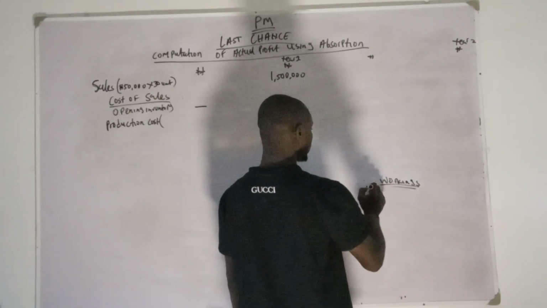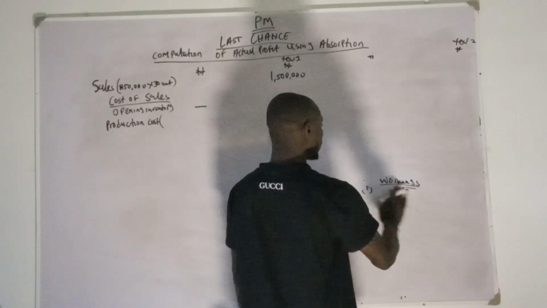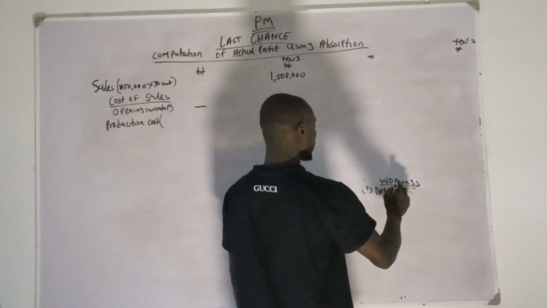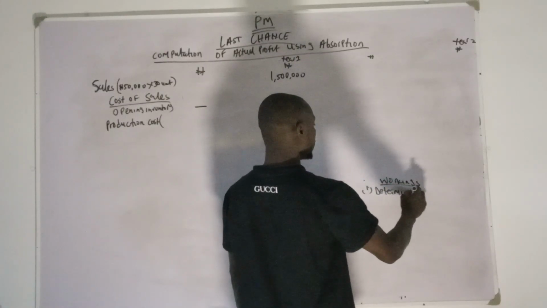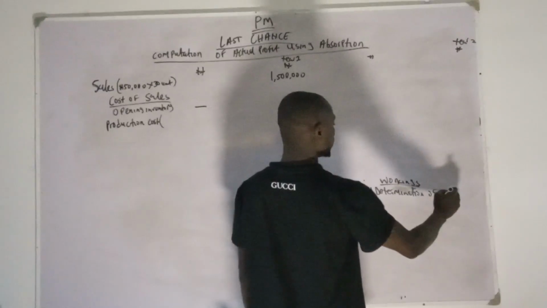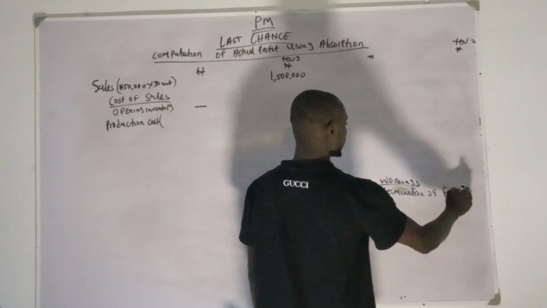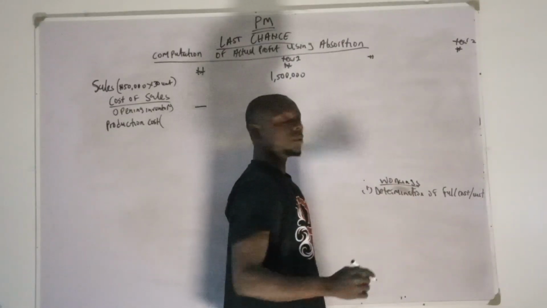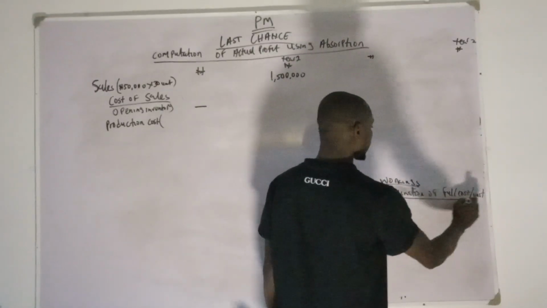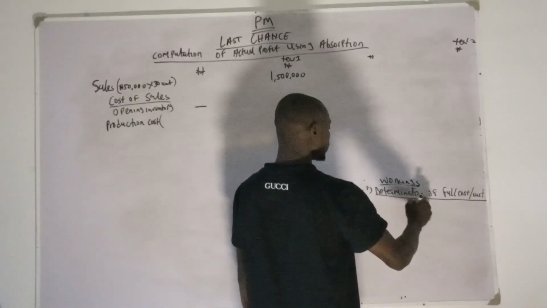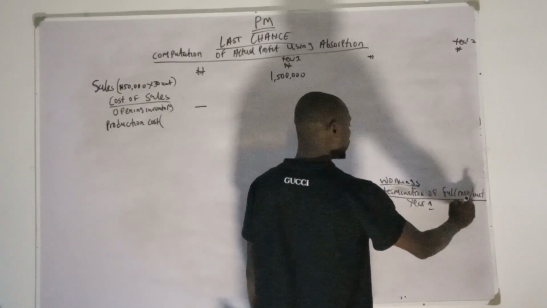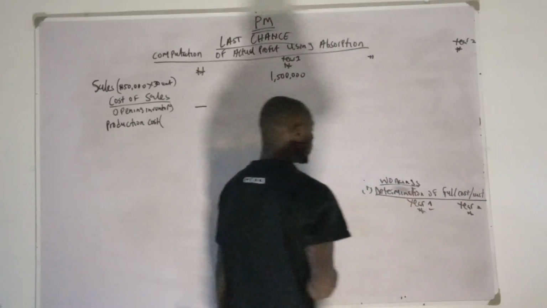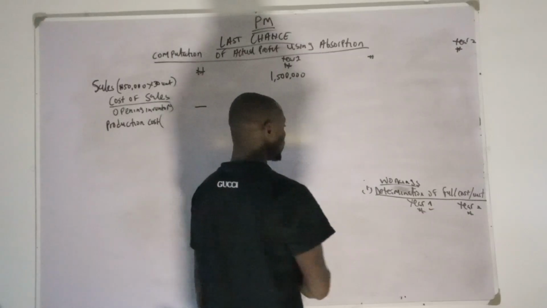Work one, year one, year two: determination of full cost per unit. Full cost per unit, year one, year two, right? Determination of full cost per unit.